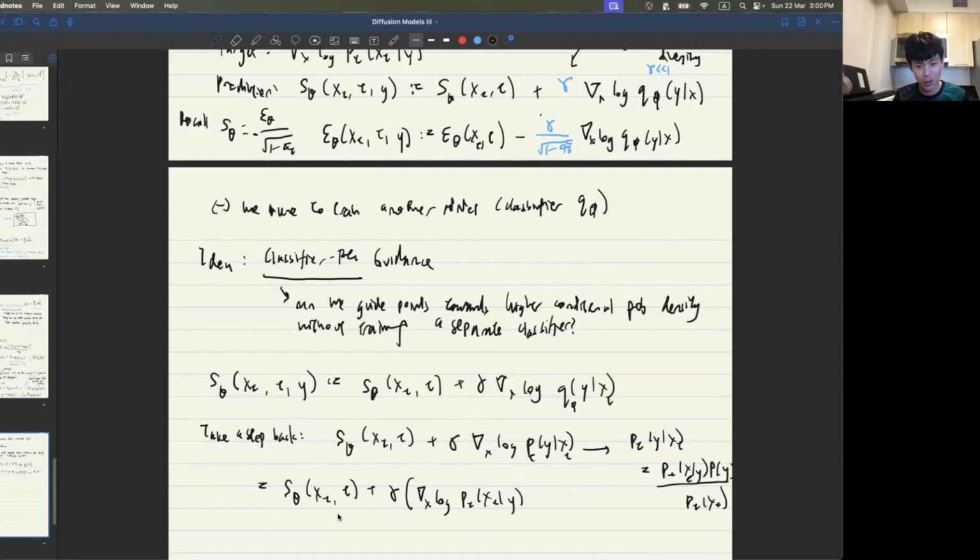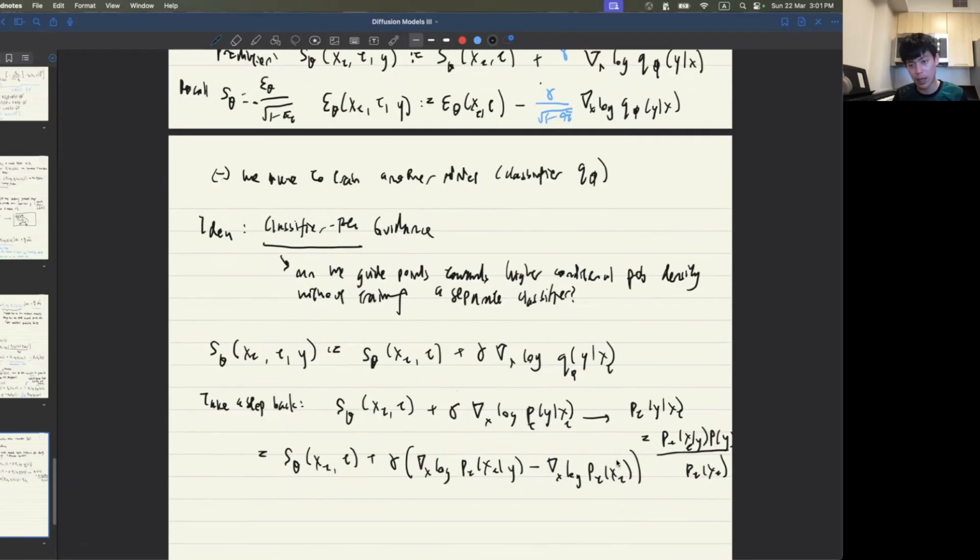Hey, this is the conditional score prediction again. We don't care about this second term, p(y), because that vanishes after taking the gradient. And we subtract the gradient of log of pt(xt). And this is the unconditional score. All of these are true values. We don't actually know them yet.